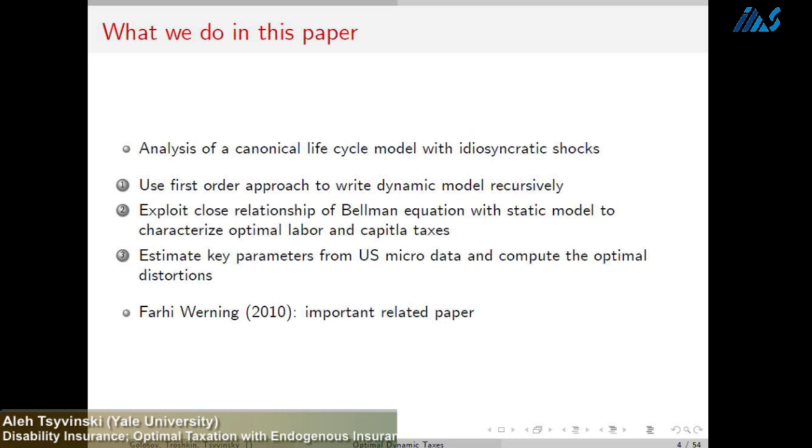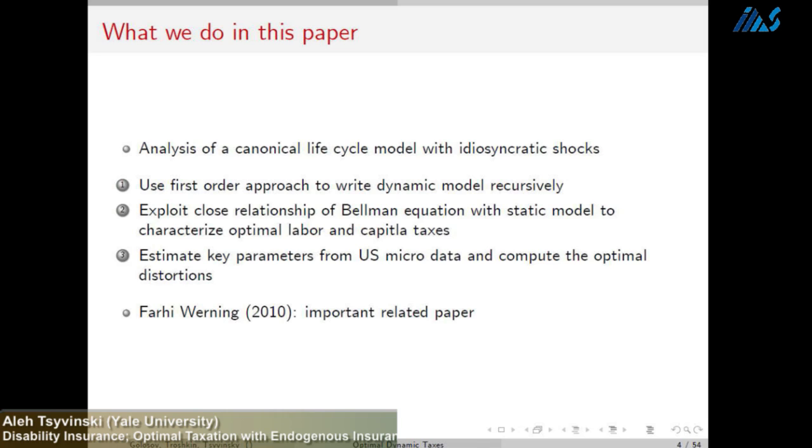So the second thing I'm going to do is exploit this first-order approach. I'm going to think about how a dynamic model is different from the static model. If you look at some of the literature on dynamic public finance, many people have a feeling that it's very theoretical, very different from classic public finance.